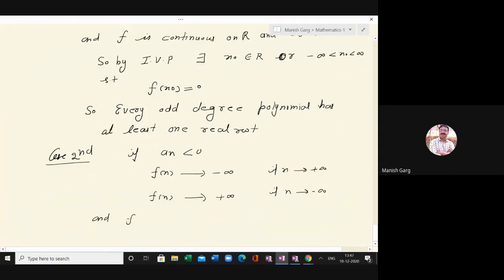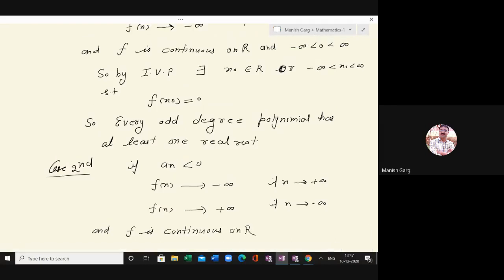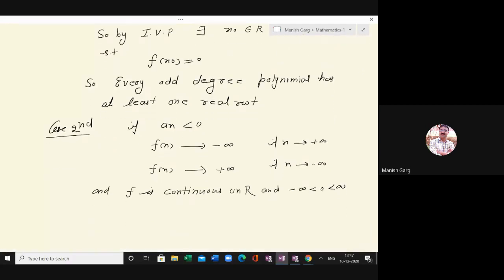Same thing, f is continuous on R, and minus infinity, 0 is less than infinity. So by IVP, there again exists x naught an element of R such that f(x naught) is equal to 0.